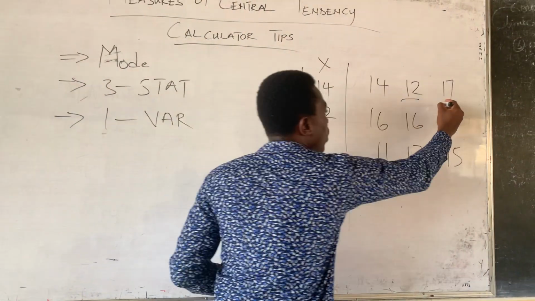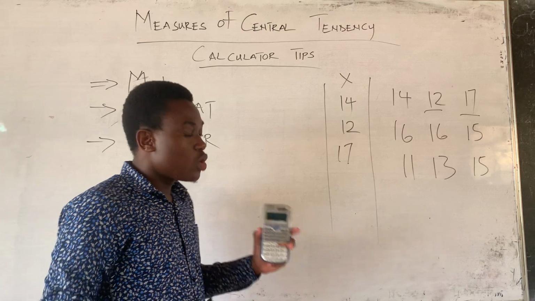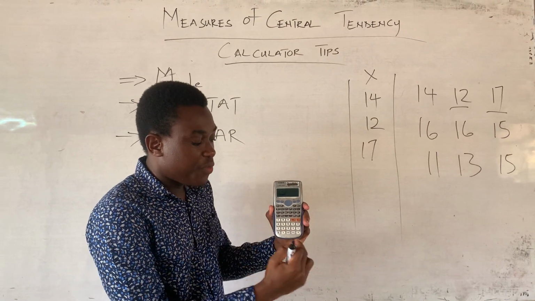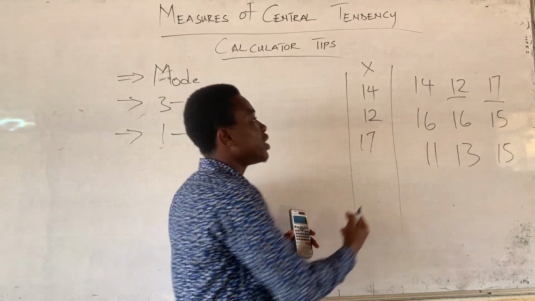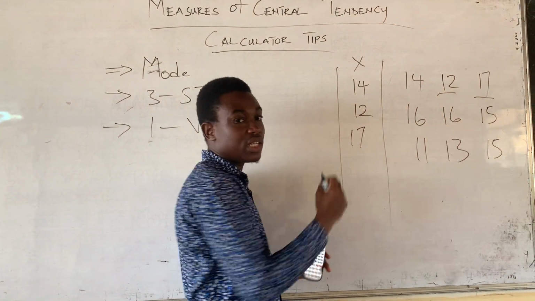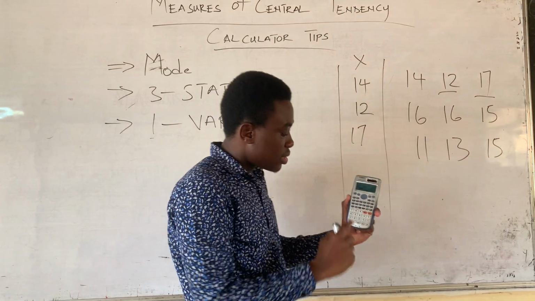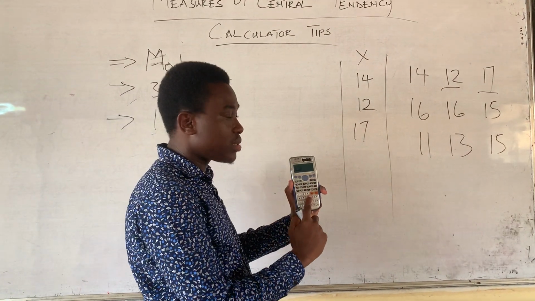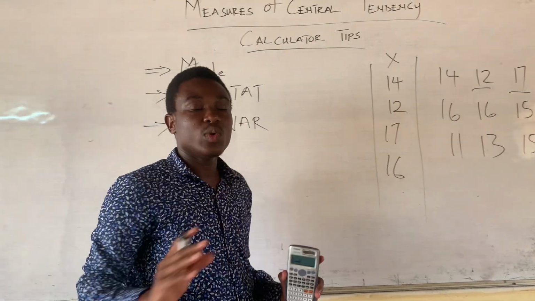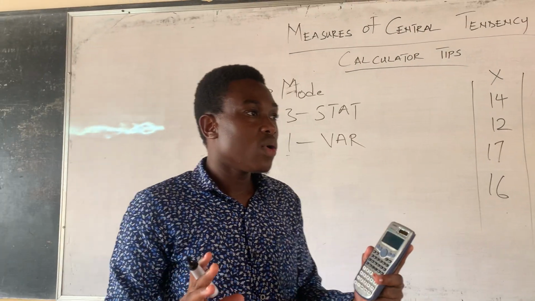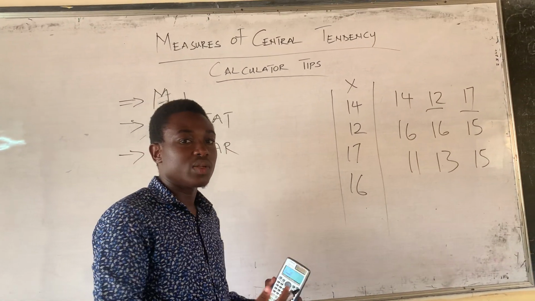You have to type the number before pressing equal to; you don't just press equal to for the value to be filled in. Just like we are doing, you type 16, 1, 6, then equal to, and the data will be entered. So that's how we enter raw data on our calculator.